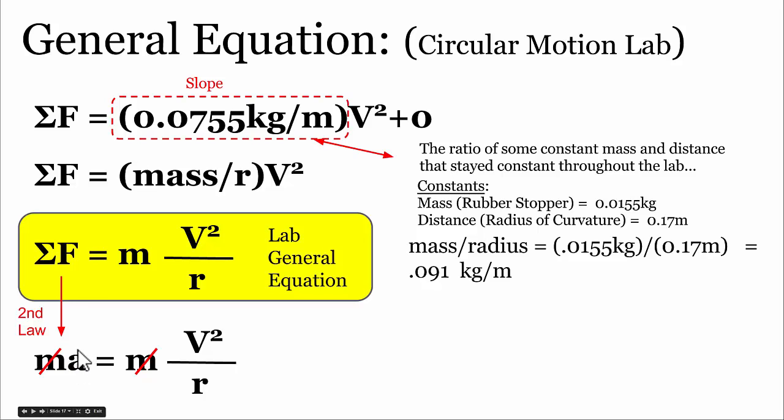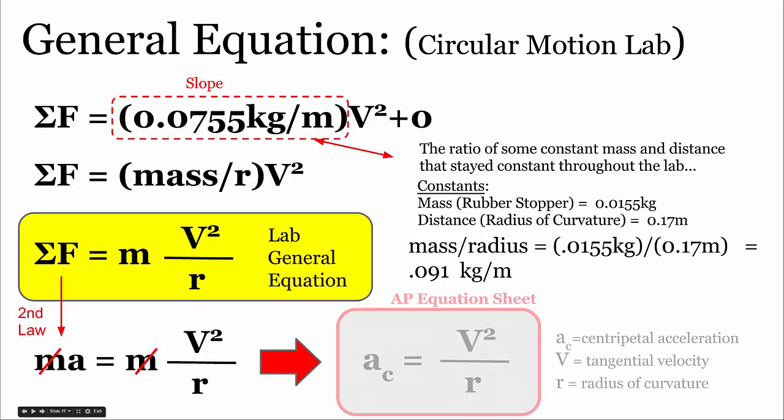We get that the acceleration of an object moving in a circular path is equal to its velocity squared divided by the radius of curvature. And this is how it looks on your AP equation sheet: the centripetal acceleration is equal to velocity squared divided by the radius of curvature.